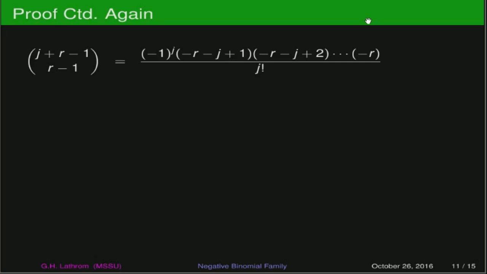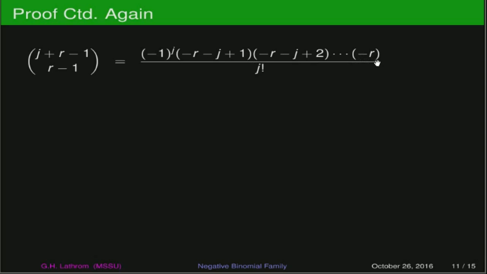And so if we pull out a negative 1 from each and every one of those terms, we end up with a negative 1 to the jth power times minus r minus j plus 1, minus r minus j plus 2, all the way down to minus r.